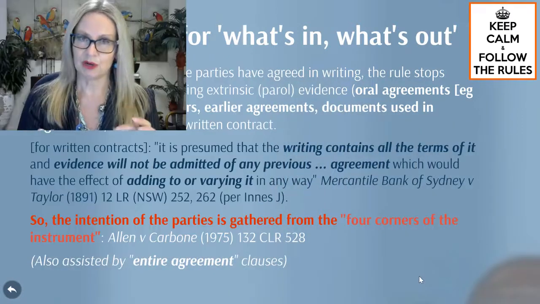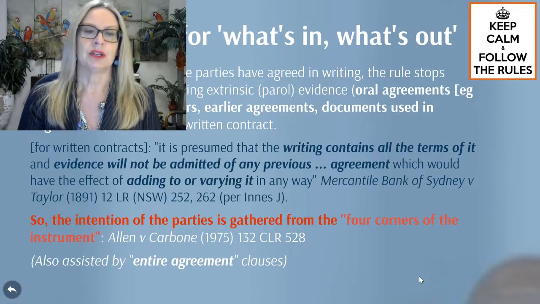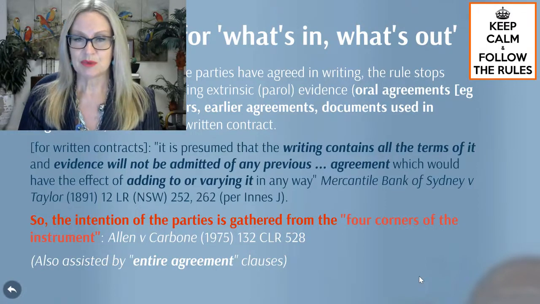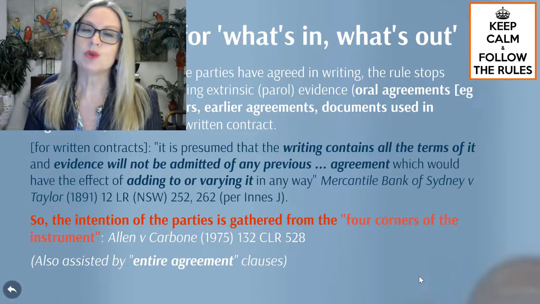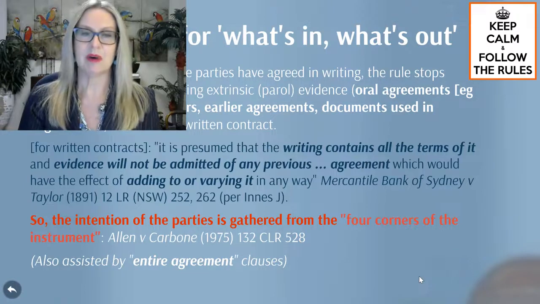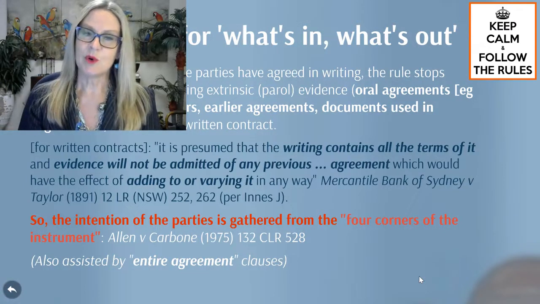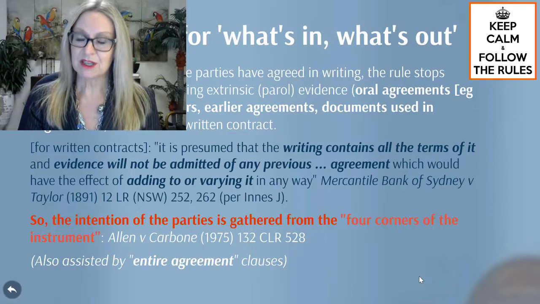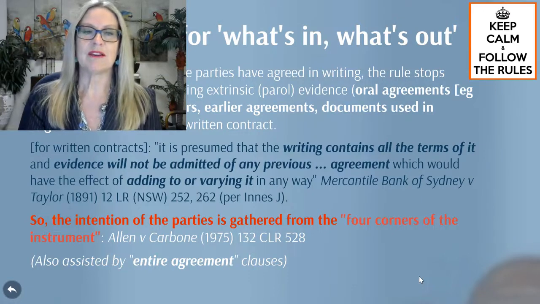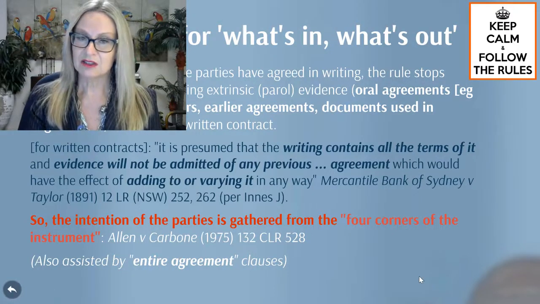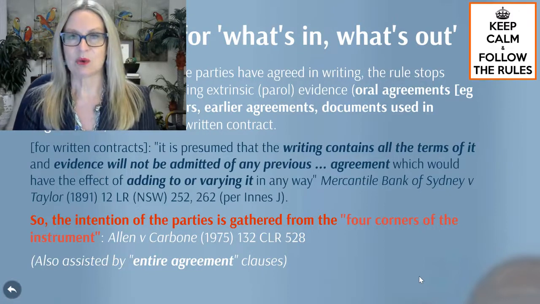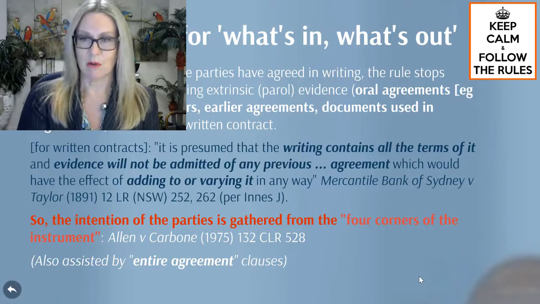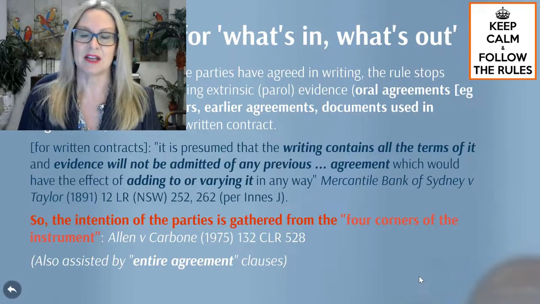Okay, so the parole evidence rule is for written contracts only. It applies only to wholly written contracts. It is presumed that the writing contains all the terms of the bargain between the parties, and therefore evidence is not going to be admitted of any previous agreement which would have the effect of adding to the written agreement or varying the written agreement in any way, and that was established by the Mercantile Bank of Sydney and Taylor case.